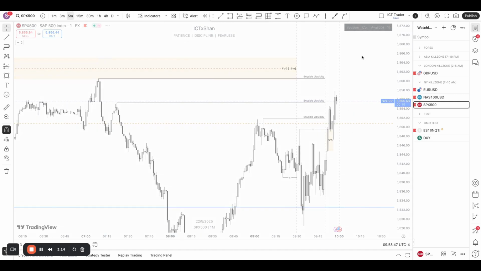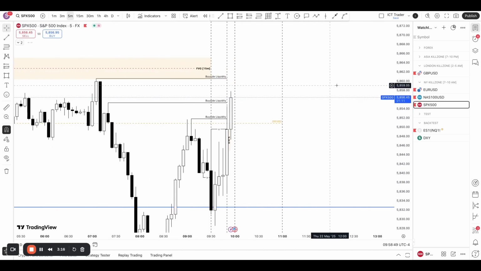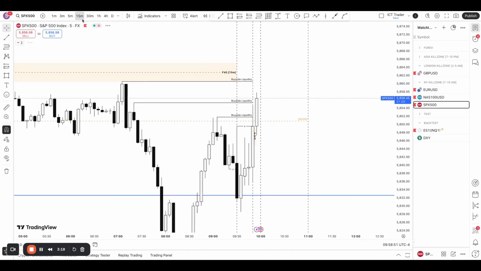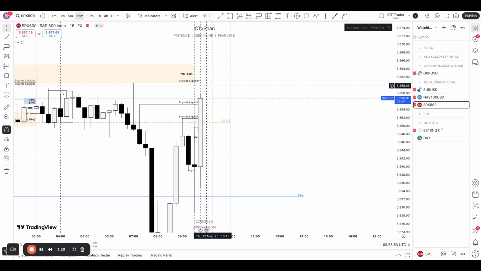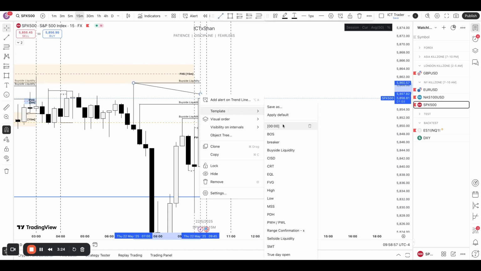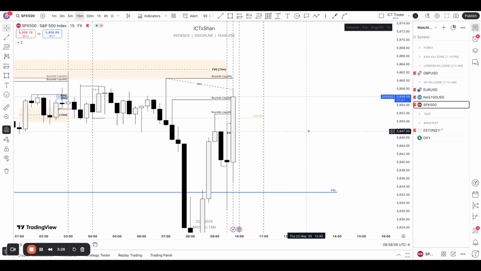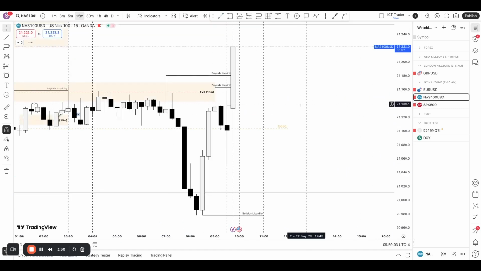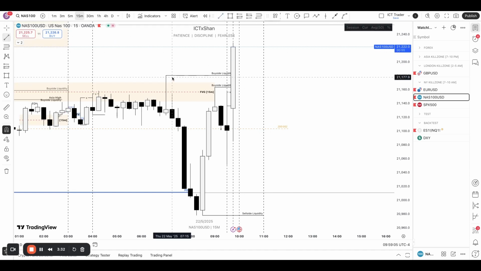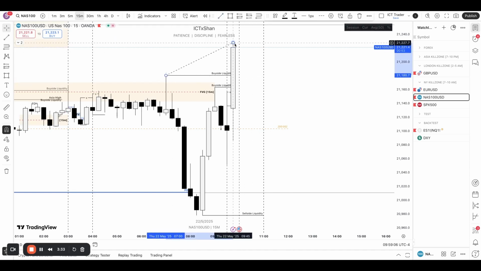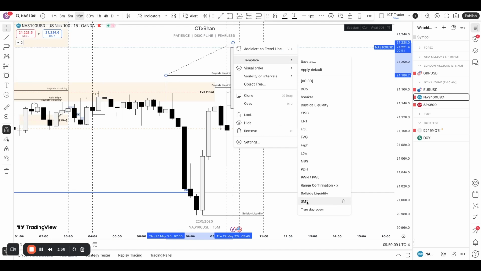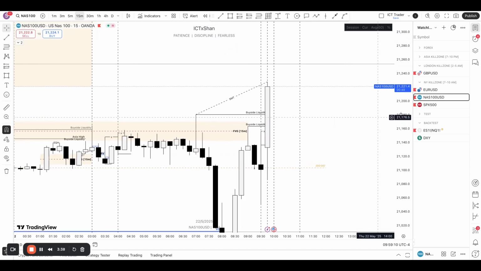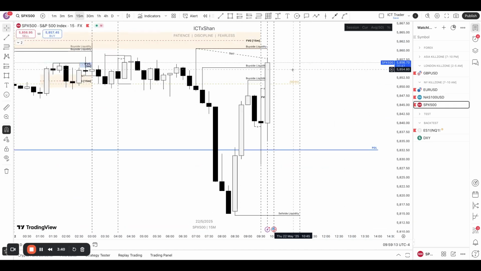let's come to 5 minutes. Actually, I'm not a big fan of 5 minutes, but yeah, 15 minutes. You can see that the market is trading an SMT compared to NQ. Yes, NQ took this high, but when it comes to ES, it didn't take these highs.